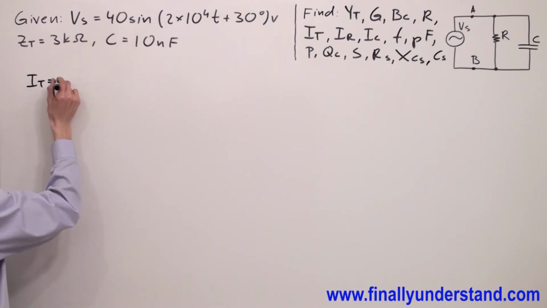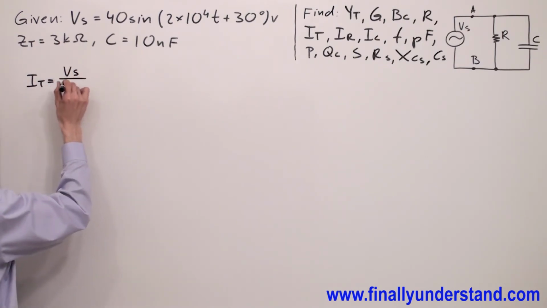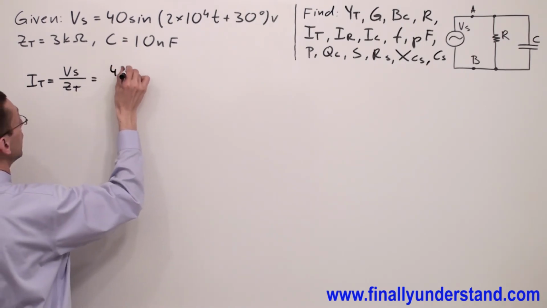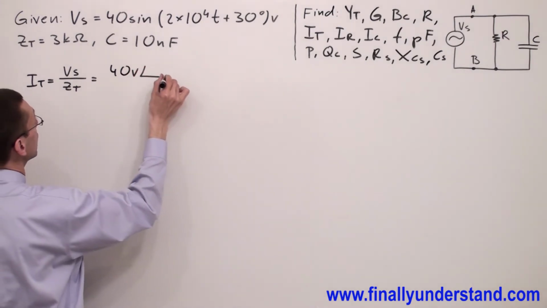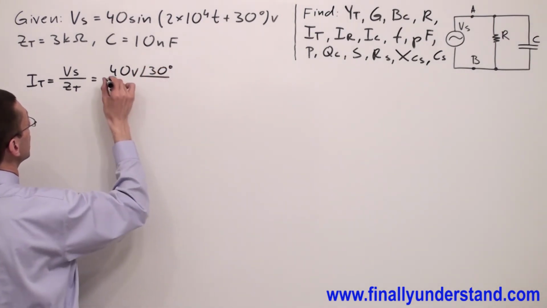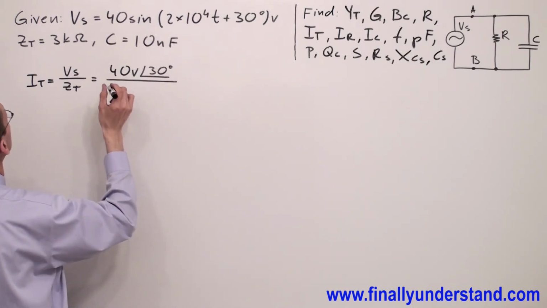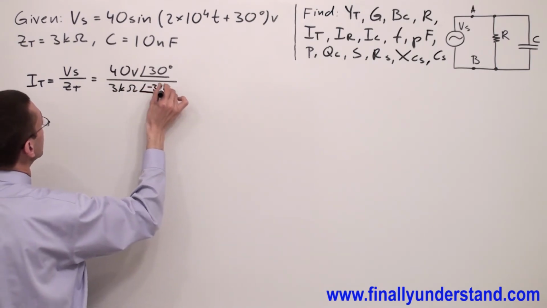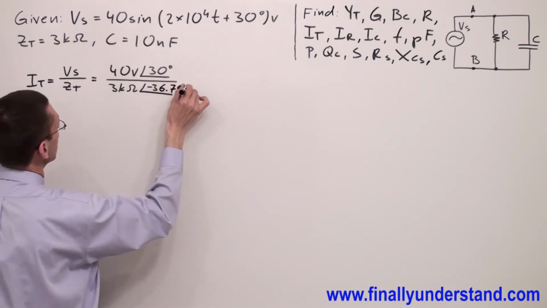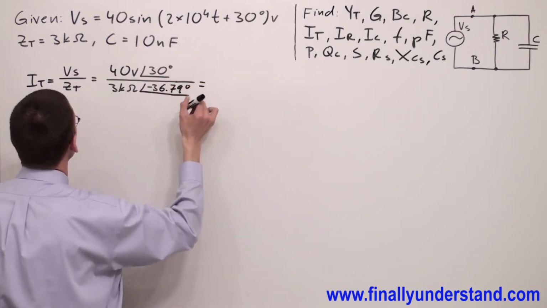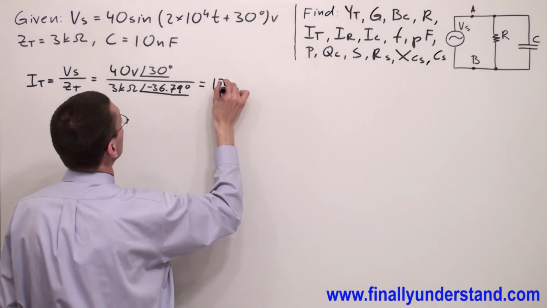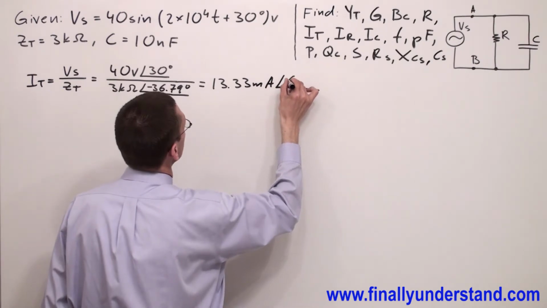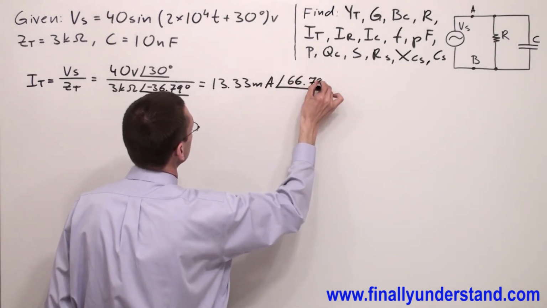I total is equal to voltage source over Z total, where voltage source is equal to 40 volts and angle of 30 degrees over Z total, which is equal to 3 kilo ohms and angle of negative 36.79 degrees. So I total is equal to 13.33 milliamps and angle of 66.79 degrees.